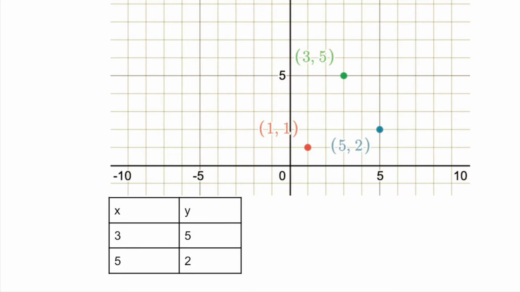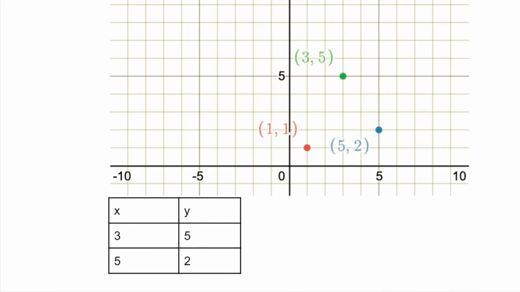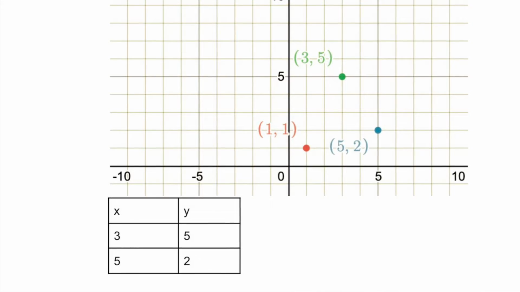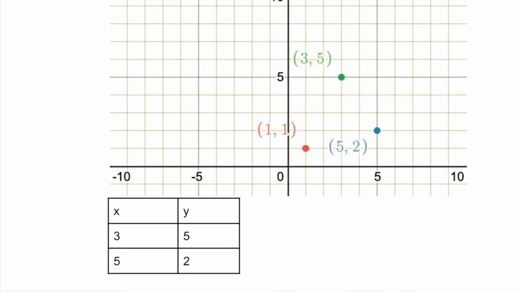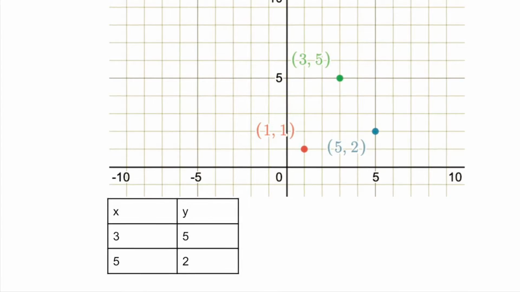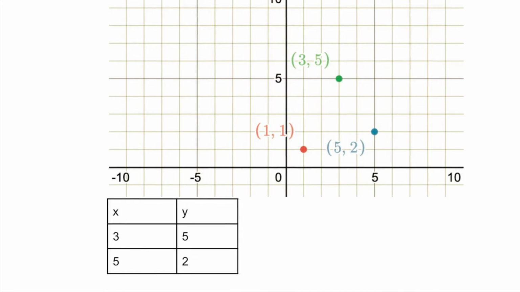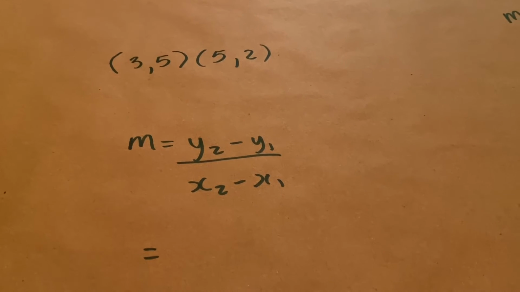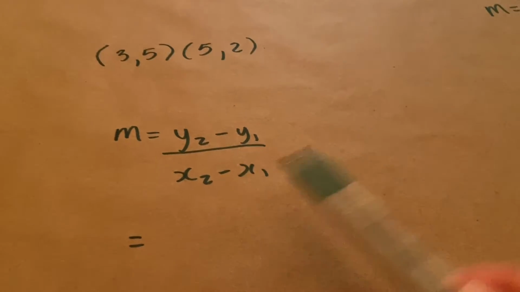Lastly, we want to find the slope of that third and final side of the triangle, the side that goes from (3, 5) to (5, 2). So we'll do that right now. We're going to use the formula for m to find this last slope.